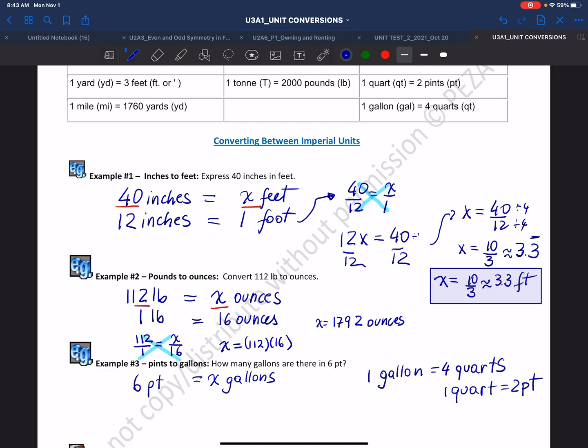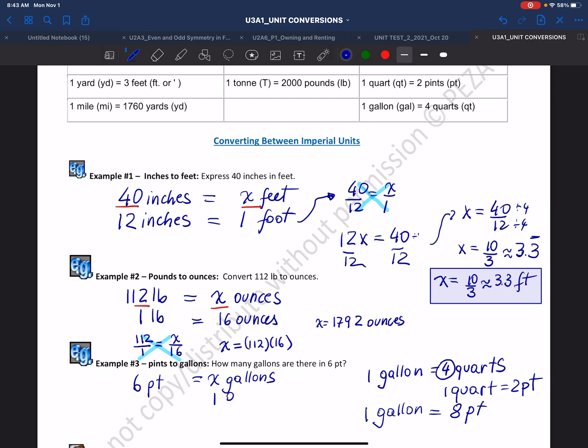So in 4 quarts there, we'll have 2 pints per each quart, 8 pints. So we're going to say that in 6 pints, we don't know how many gallons we have, right? But we do know that in 1 gallon, there is 8 pints.